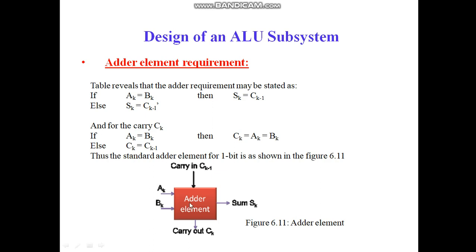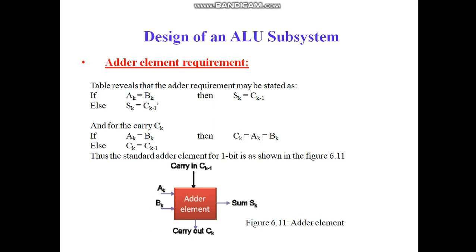We can see the adder element at the kth stage. Ak and Bk are the two inputs. Ck-1 is the carry from the previous stage, Ck is the present carry output, and Sk is the present sum output at the kth stage. Here we have generalized and written it in the form of expressions.